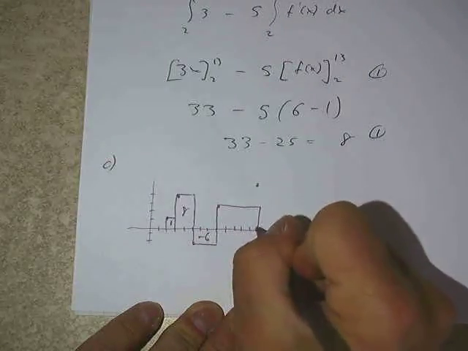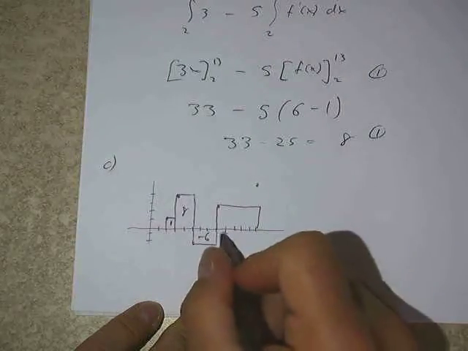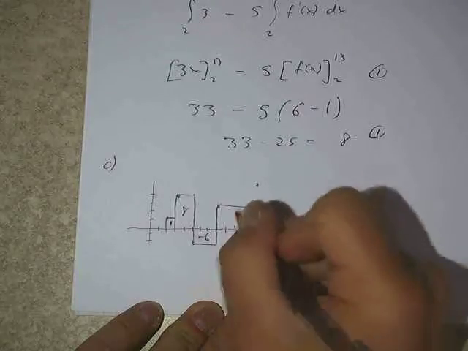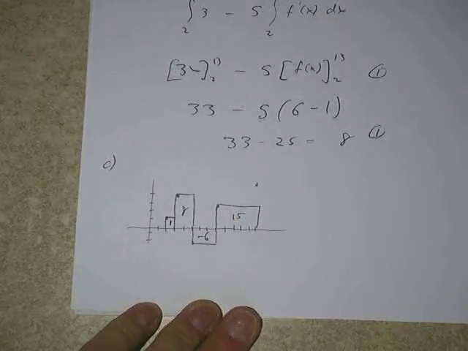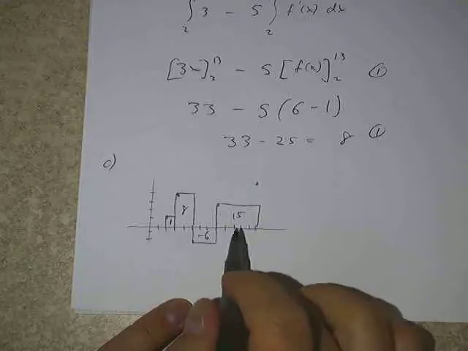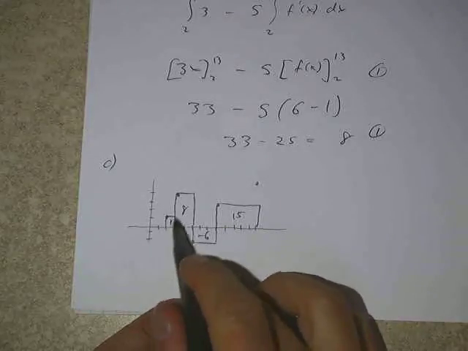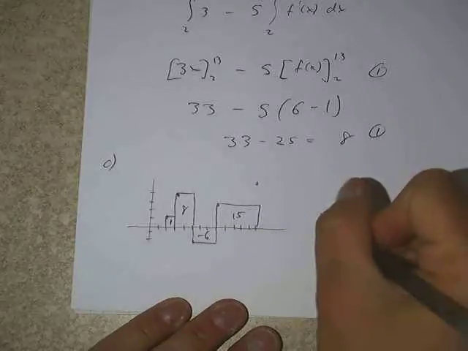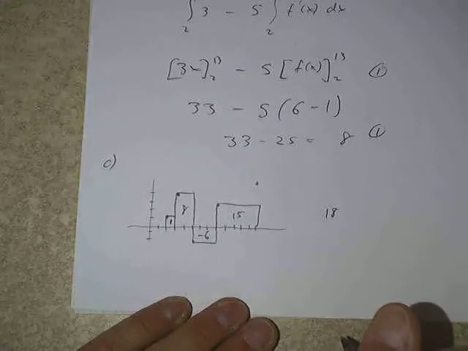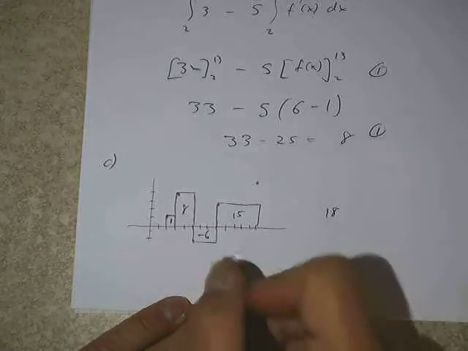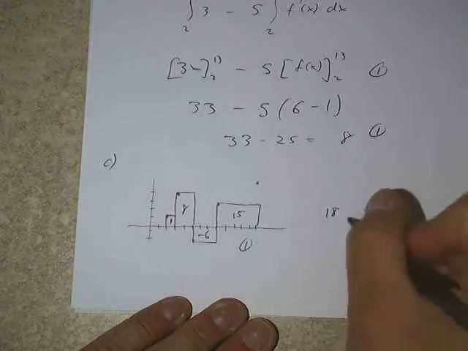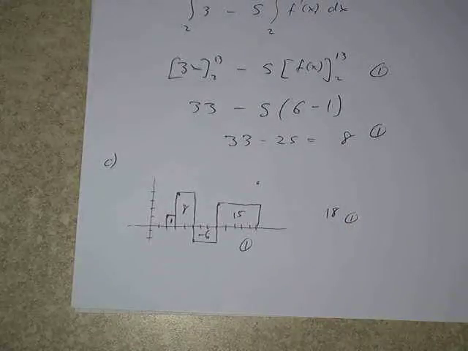Third rectangle, we draw down to this one, and then across over here. Distance-wise, we're going from 5 to 8, so that's 3. Height-wise is 2, and so 3 times 2 is 6. Of course, it would be negative 6 because it's below the x-axis. And then the last one would be from here over to here, and that would be 5 by 3, 15.